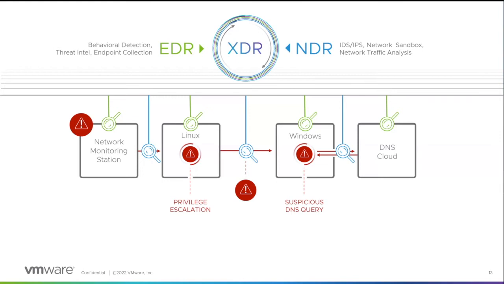With every additional location, with every additional piece of telemetry, it allows us to be more confident in the decisions that we make. So when an analyst or an operator receives an alert within the Carbon Black cloud, they know it's a high fidelity alert that should be actioned immediately.